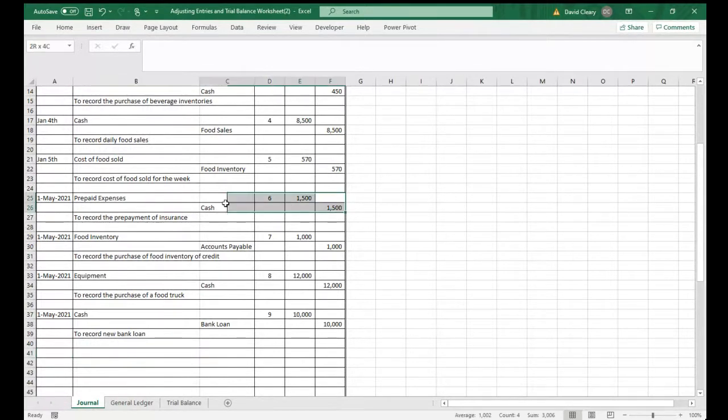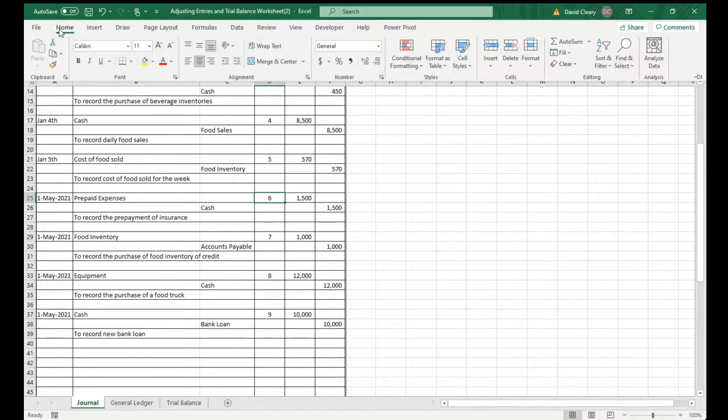I'm going to start with transaction number 6 here, with the reference number 6. But before I do that, if you are putting in a number and it's coming up as a date when you want it to be a whole number, you might have to reformat your cell.